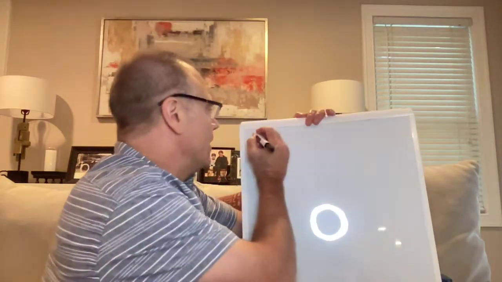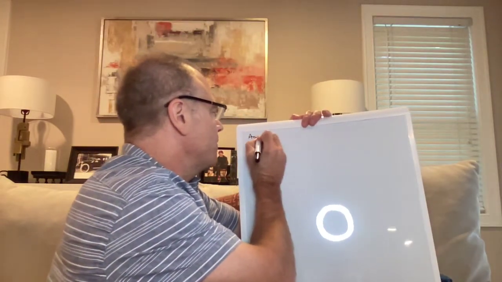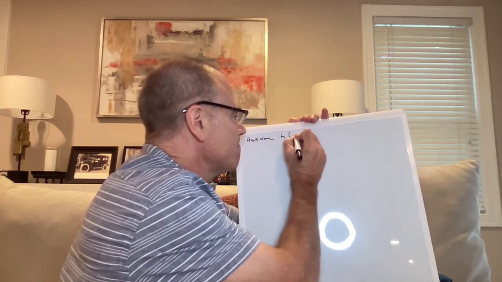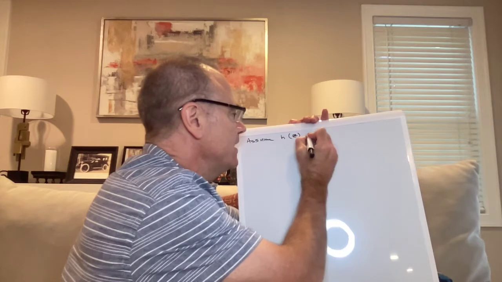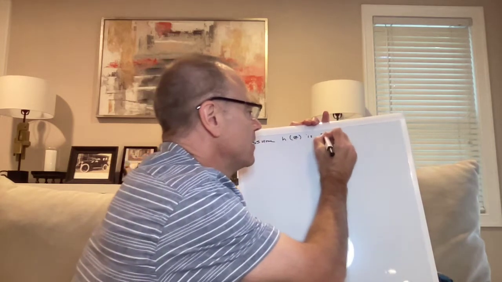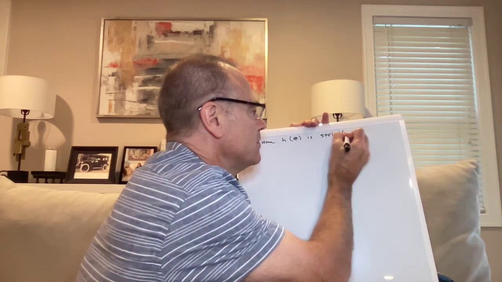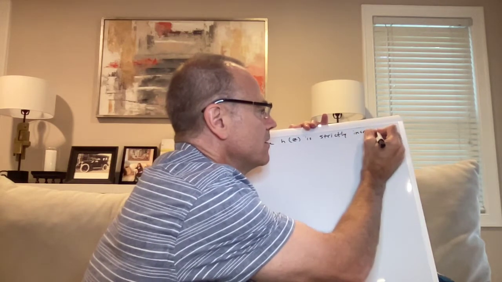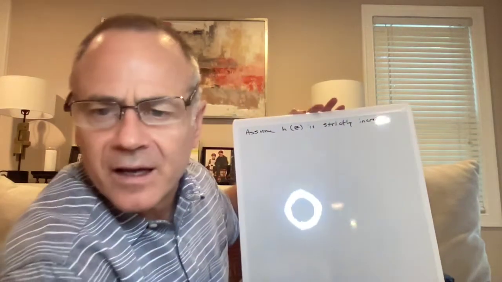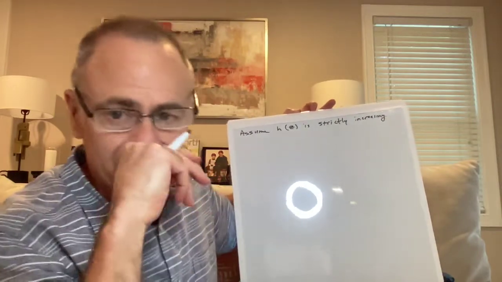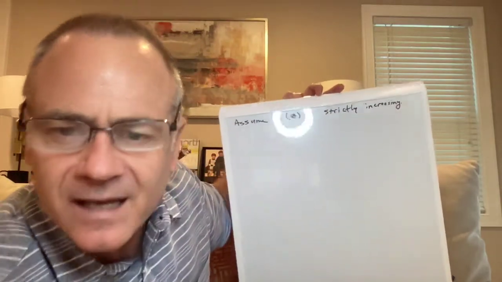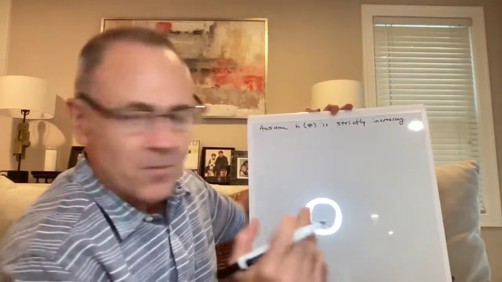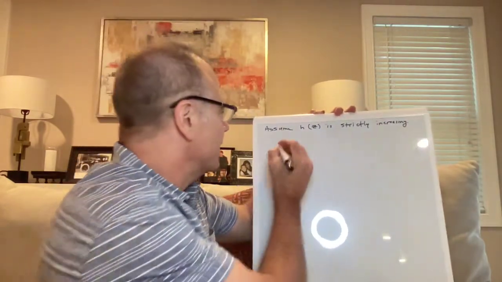Assume h, call the argument z, is strictly increasing. Can you see that h of z is strictly increasing? Okay, so here's what that means.